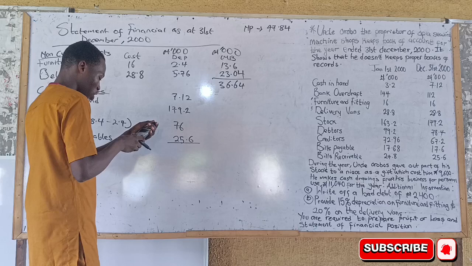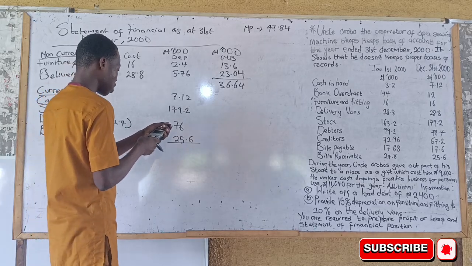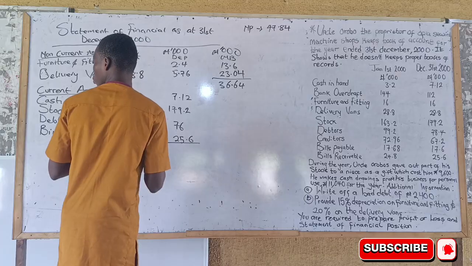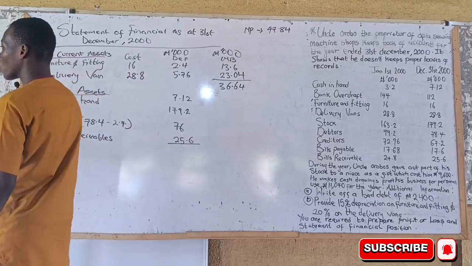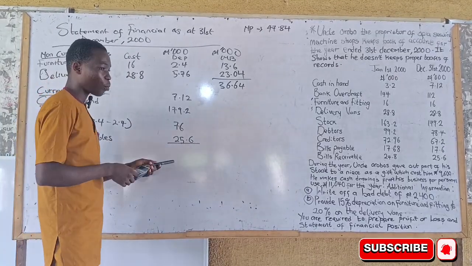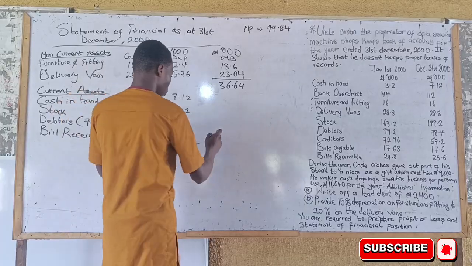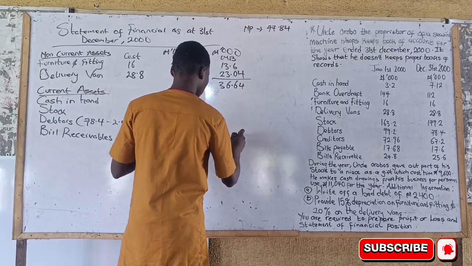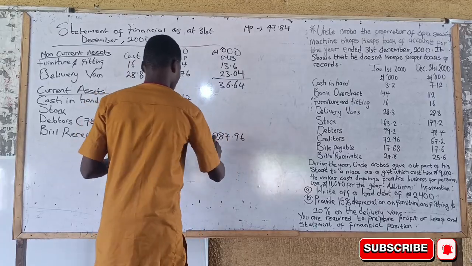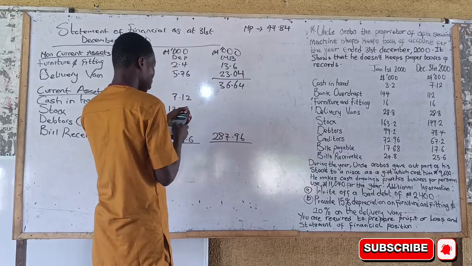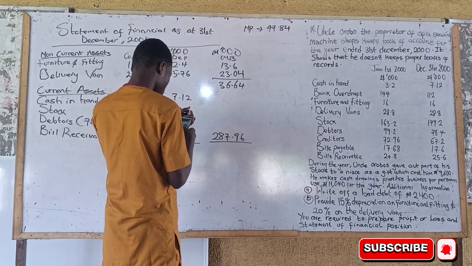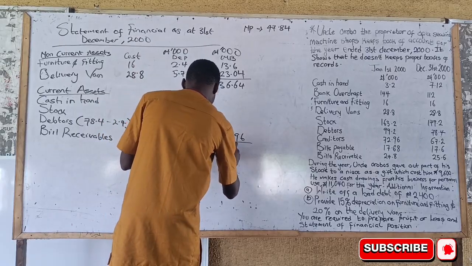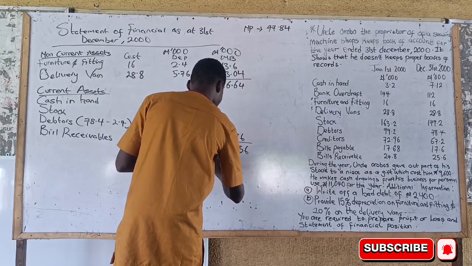Let's add up all this plus 25.6 plus 179.2. Adding up all this, we have 287.96. So the addition of everything is 324.56.